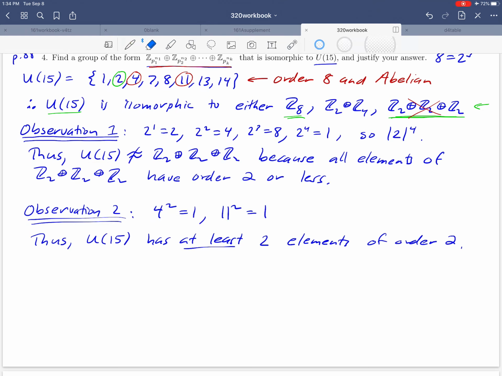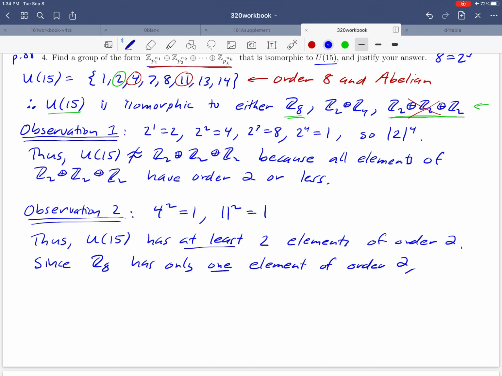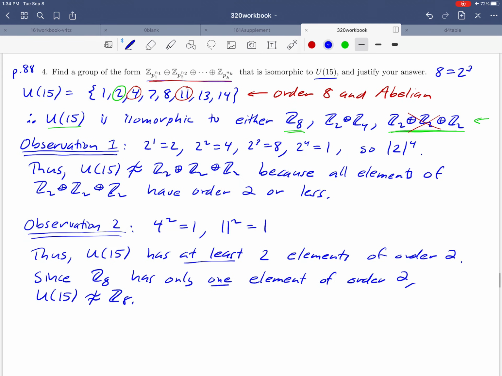So since Z8 has only one element of order 2, we now know that U of 15 can't be isomorphic to Z8 either. So we have just crossed Z8 off of our list.